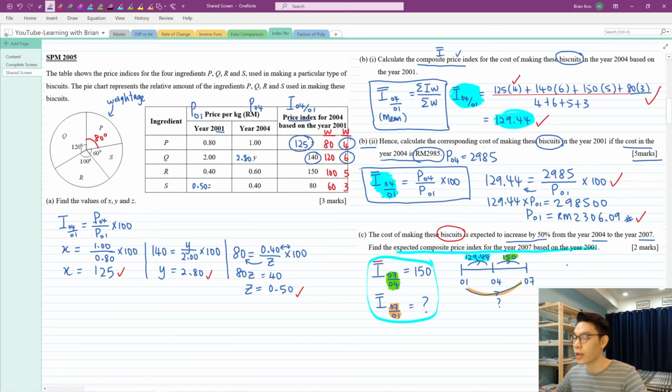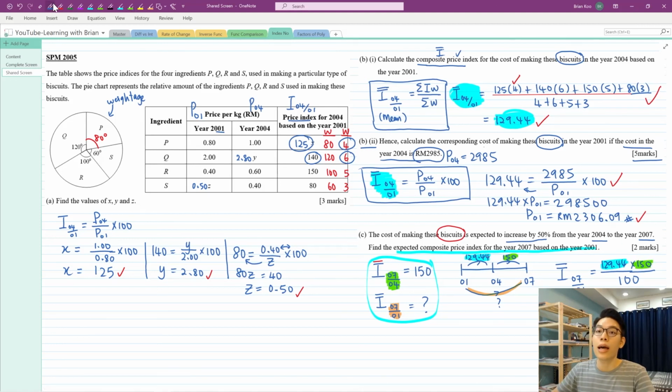And we know how to find out the composite index from 07 based on 01. Basically, you just take the 2 smaller ones on top there, times together, and divide by 100. Remember? 2 small ones times together, you will get the long one.